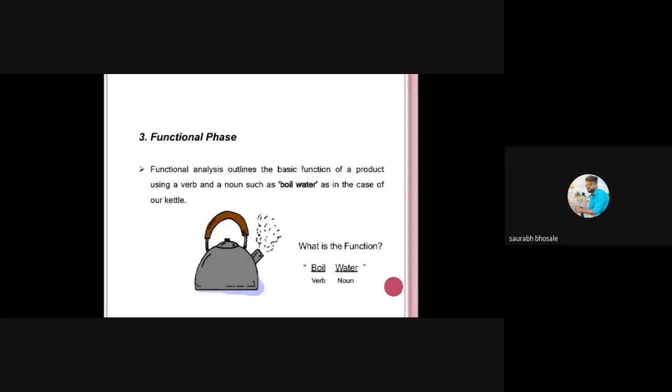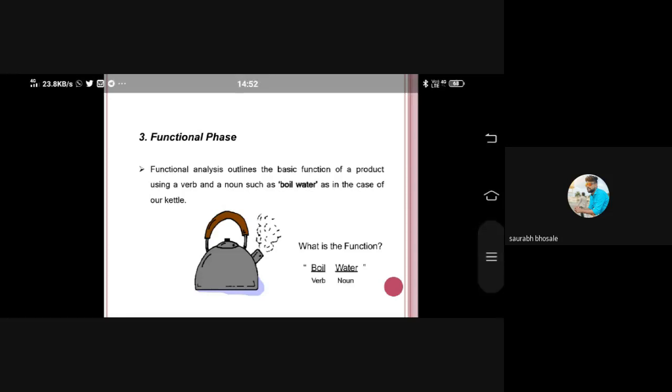So estimate is nothing but the worth of each basic function. And the last one is determine. Determine is nothing but value improvement potential: what is the value improvement potential for that particular component, on the basis of functionality.